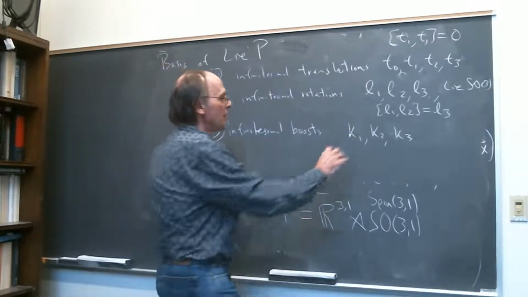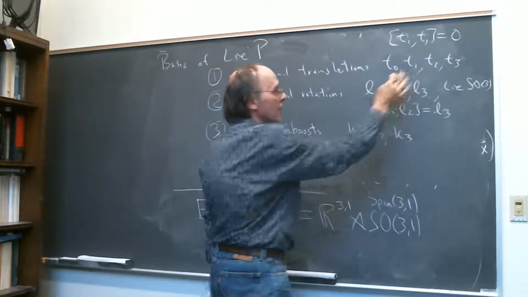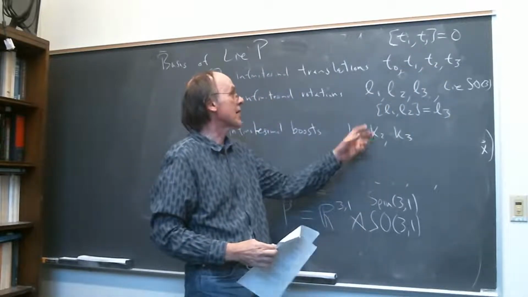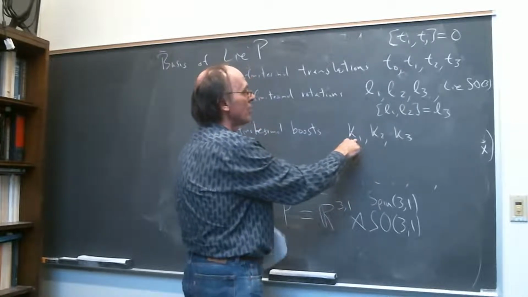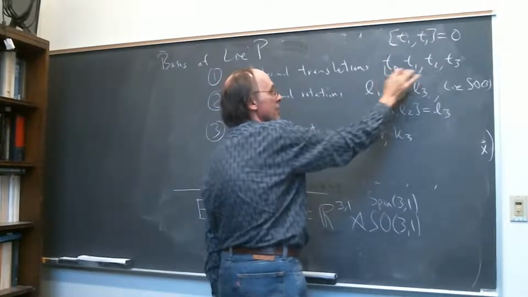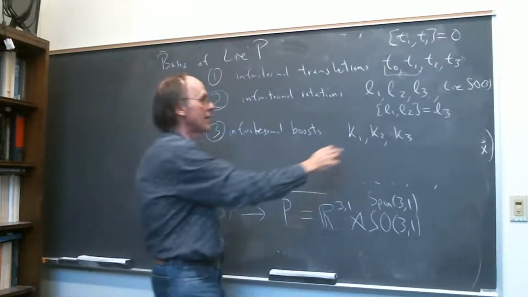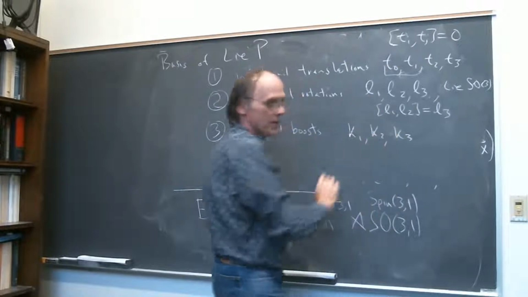And then you also have these guys acting on here as infinitesimal rotations. Like what K1 does is an infinitesimal rotation in the 0, 1 plane, and K2 is an infinitesimal rotation in the T0, T2 plane, etc.